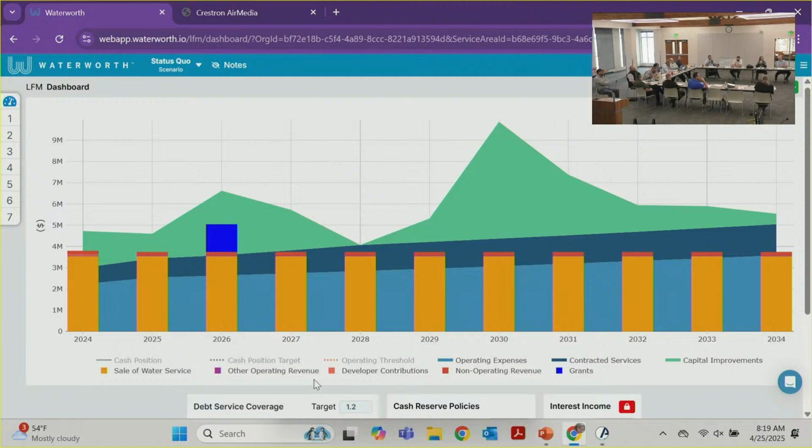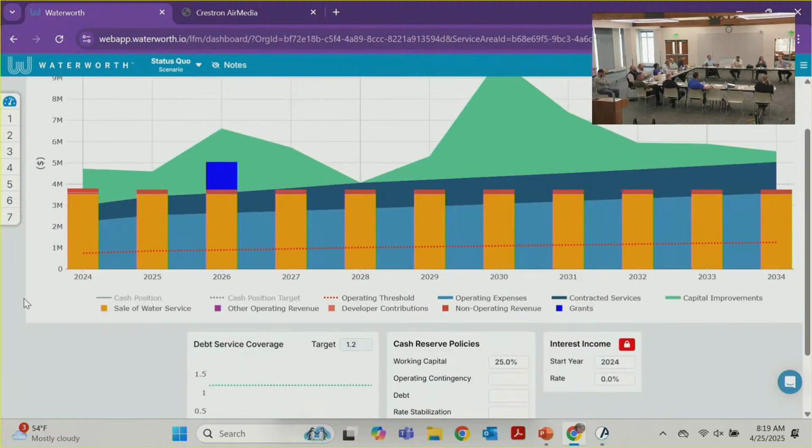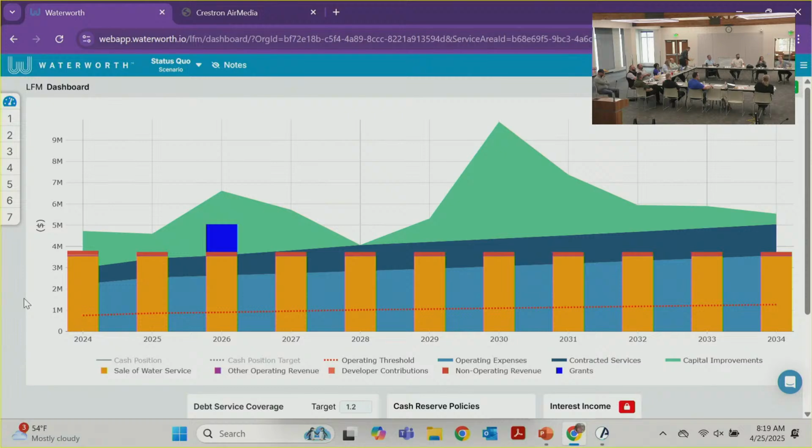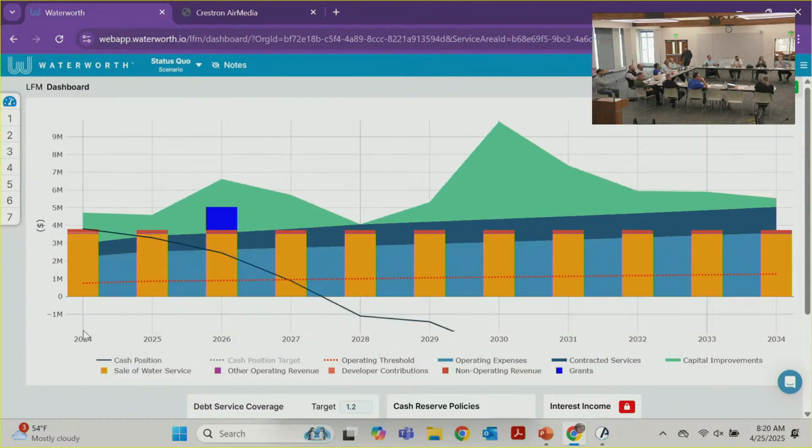So then we can also add this red dotted line, which is our operating threshold. Right now, Dean and I have it set at 25% of operating costs. So it's just 3 months worth of operating costs and kind of a rainy day fund balance. That red line is where we want to be. And then if we add in this black line, that's our cash position.